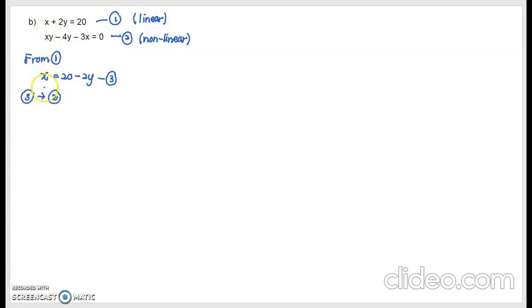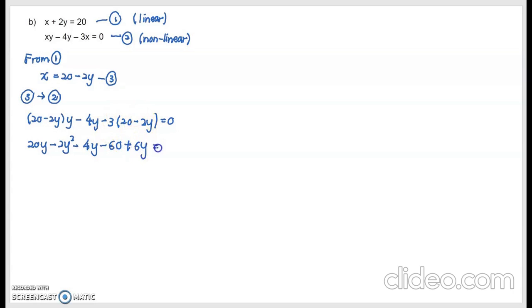So x is 20 minus 2y, x times y, minus 4y, minus 3 times x, which is 20 minus 2y, equals to 0. Then we try to expand: 20 times y is 20y, minus 2y squared, minus 4y, negative 3 times 20 is negative 60, negative 3 times negative 2y is positive 6y, equals to 0.